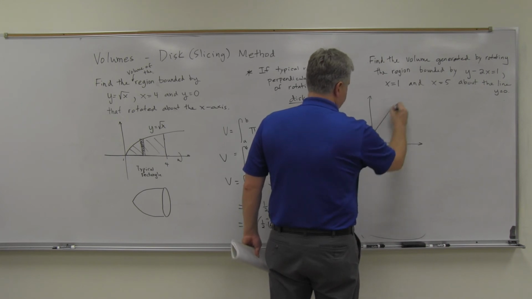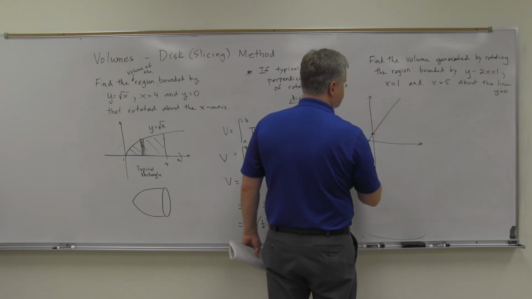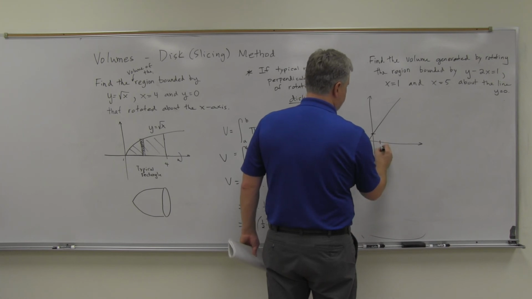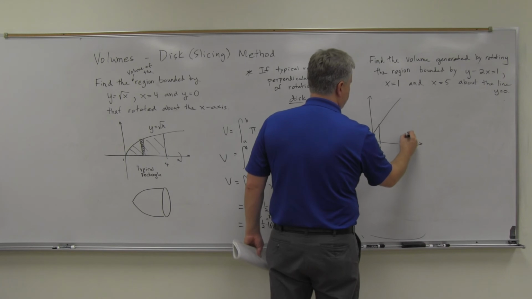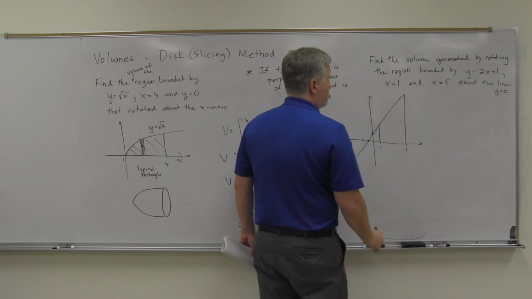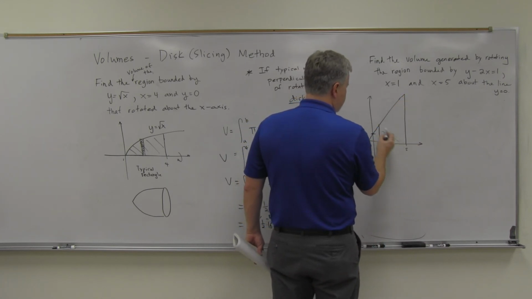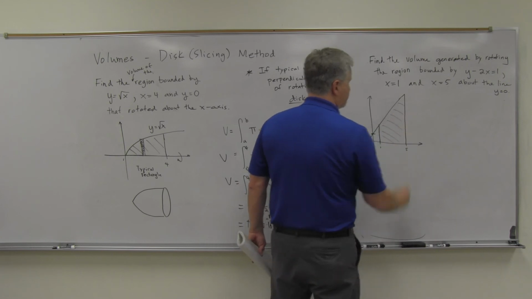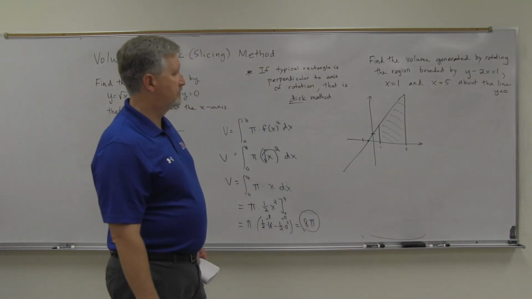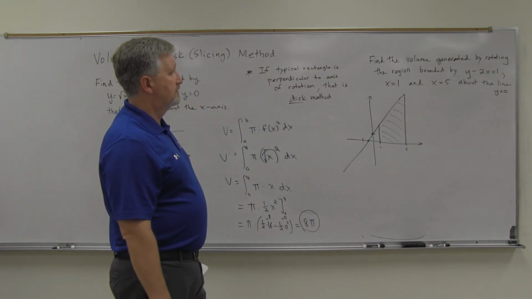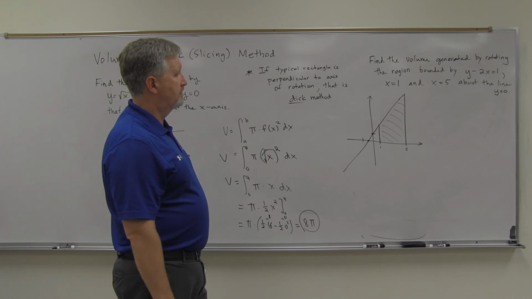So graphing it, that would be one way. X equals 1, be the vertical line. X equals 5, that vertical line. So I'm taking that region bounded by those.